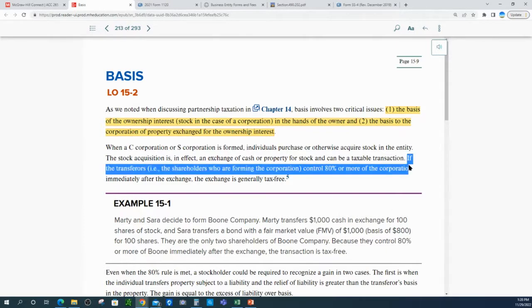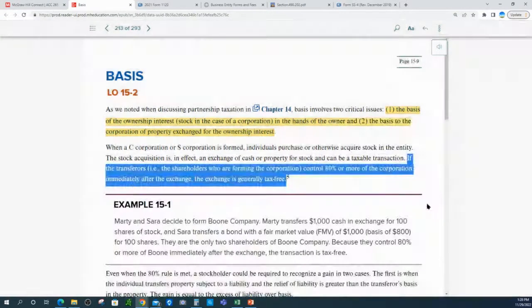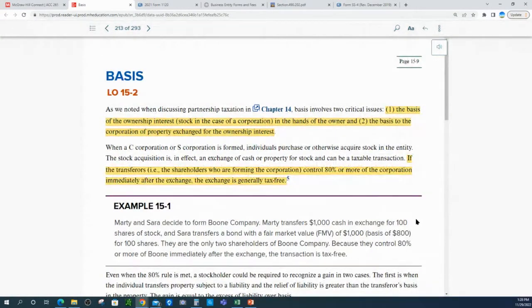So if the transferors control 80% or more of the corporation immediately after the exchange, generally speaking, the exchange is tax-free. If they don't control 80% or more, then it's a different story.